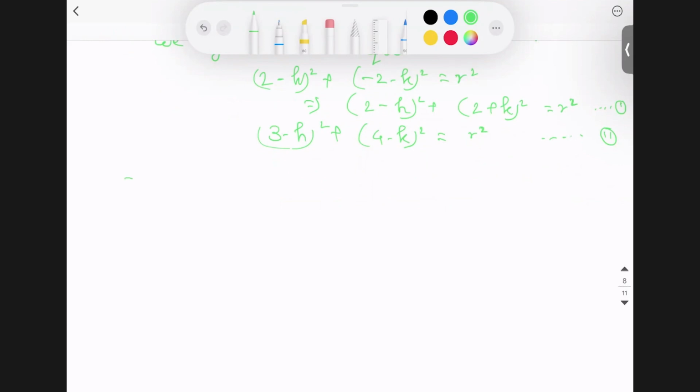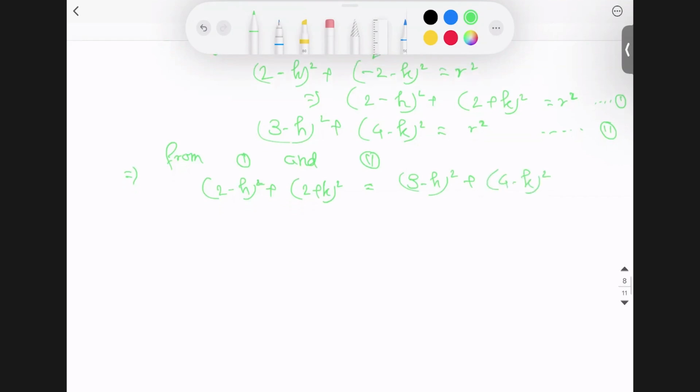From here, we can find an equation in h and k. How? So from 1 and 2, we obtain (2 minus h) whole square plus (2 plus k) whole square is equal to (3 minus h) whole square plus (4 minus k) whole square.